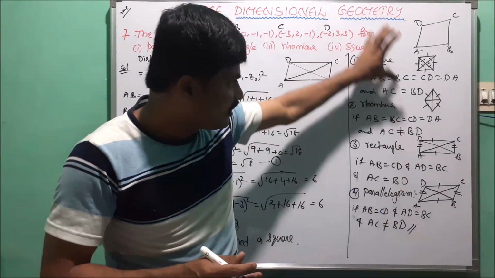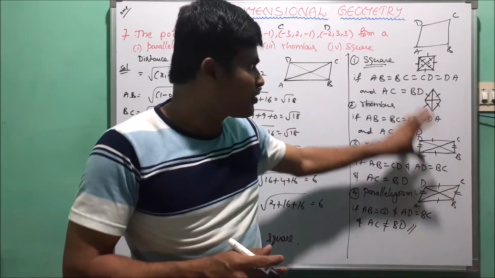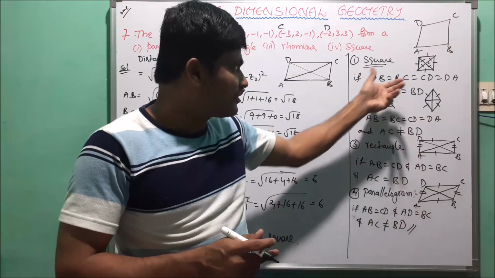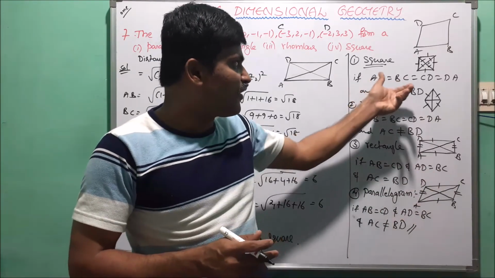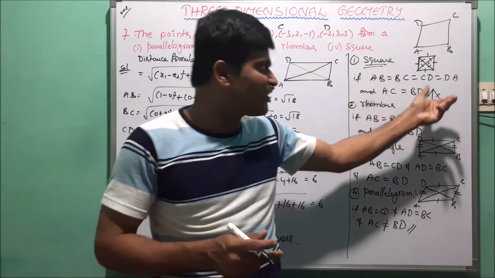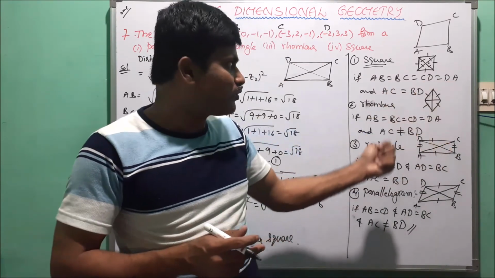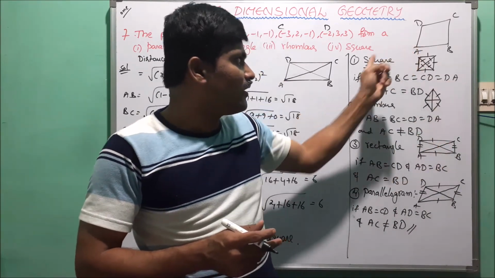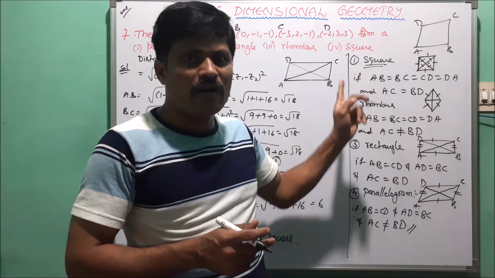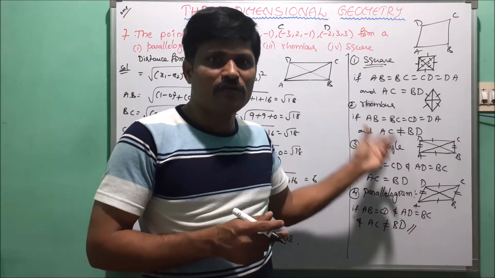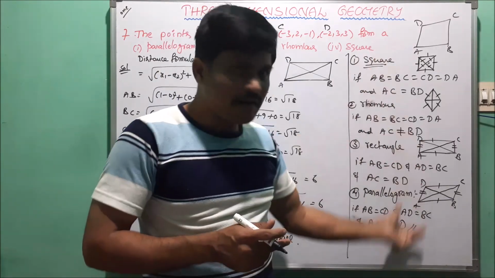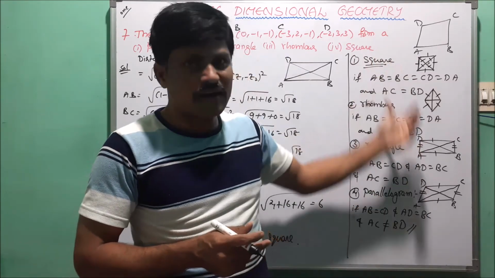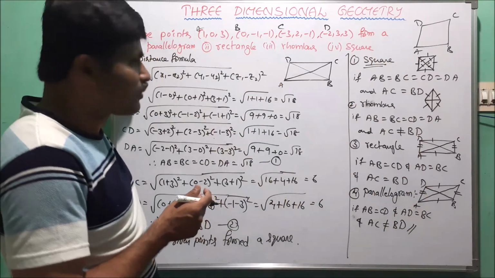So here these are four types of quadrilaterals. Using these conditions, verify the distances between all sides and diagonals and conclude that the given quadrilateral is a square, rhombus, rectangle or parallelogram. So these are the main conditions for quadrilaterals in the given problem.